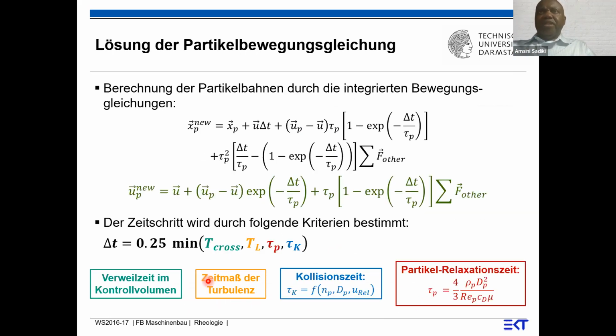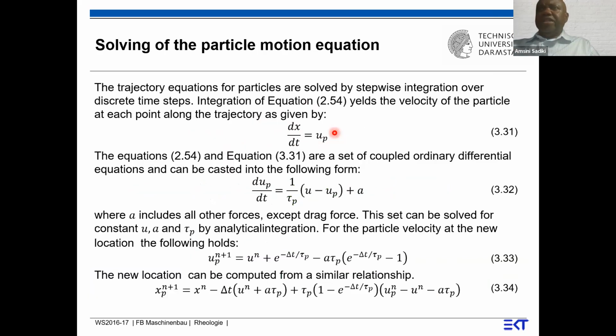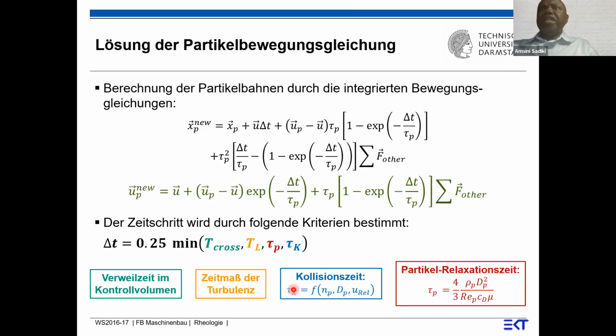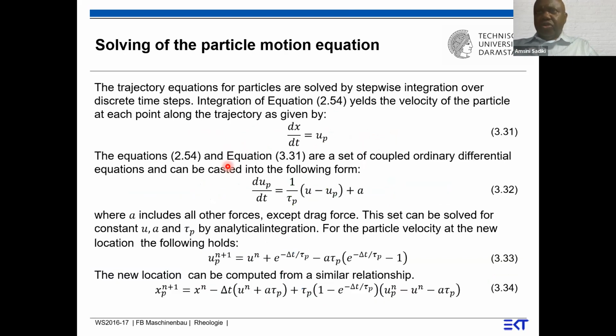If we want to calculate the new position, we have the old position multiplied by this, which gives us the advancement, and this is the relative velocity multiplied by this. I write it in another way, and we get exactly this here plus tau square.